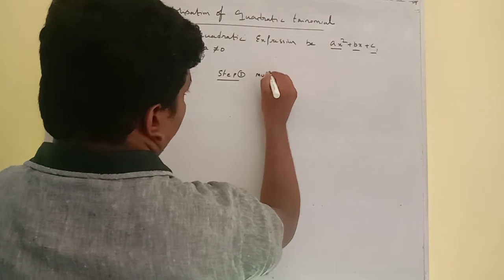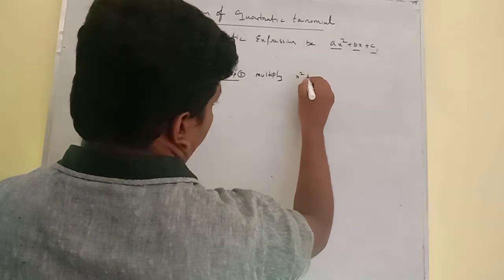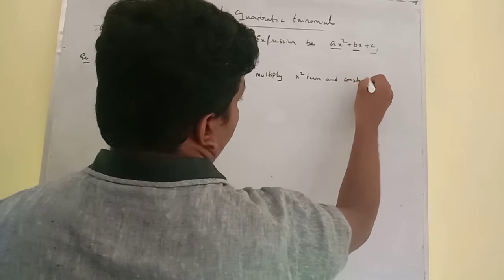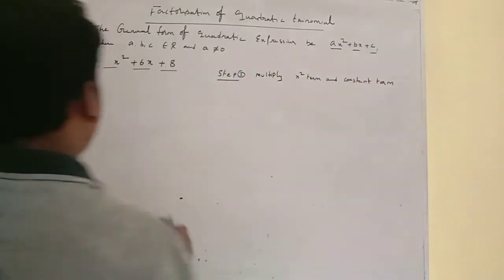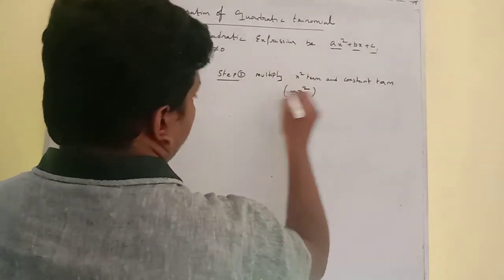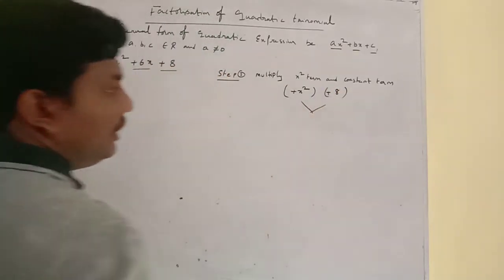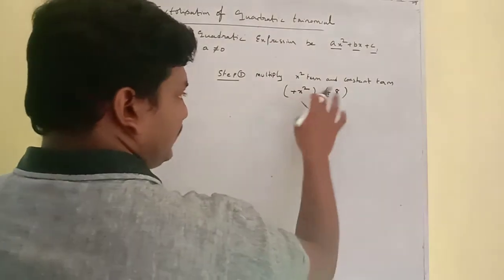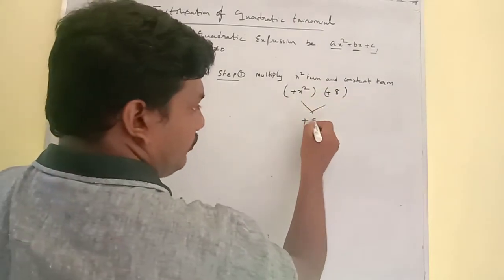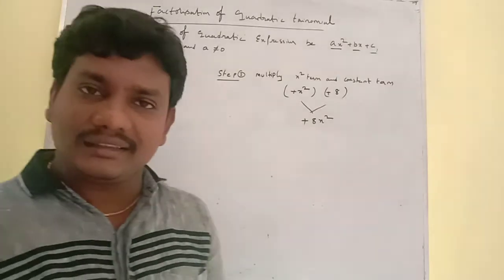That is plus x square and plus 8. Symbol multiplication, plus into plus, is plus. Number multiplication, 1 into 8 is 8. And the variable part is x square. So the product is 8x square.